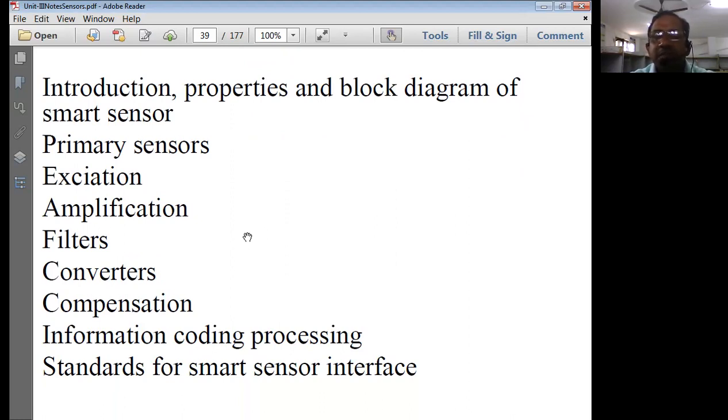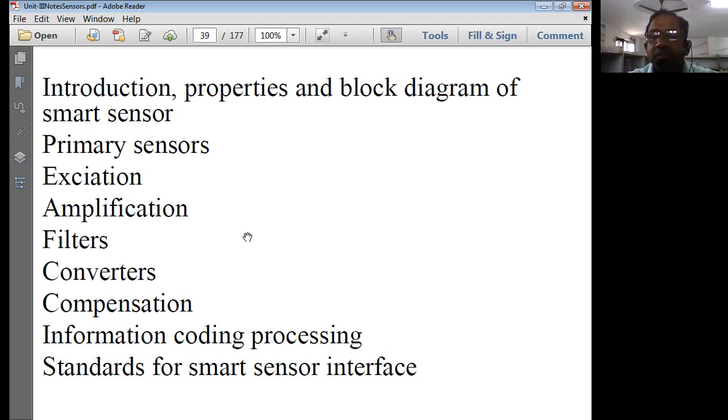That means properties means what? After you perform an experiment using sensors, it is going to exhibit some properties. Based on the properties, we understand where we can use them. That means under certain boundary conditions, it is going to provide us certain outputs.